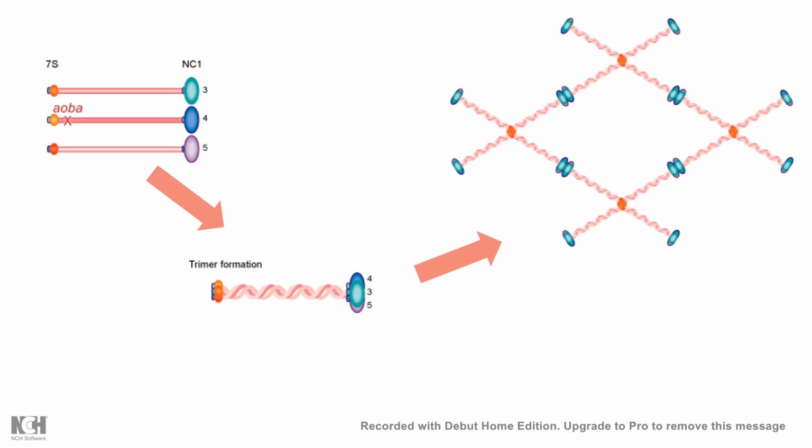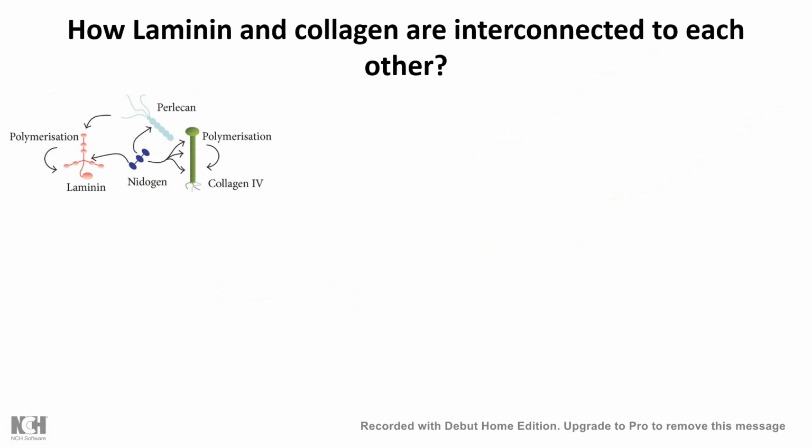Now, we talked about collagen meshwork and a laminin lattice, but the question is, who is connecting laminin and collagen together? How are these two meshworks connected? It turns out there are several cementing molecules which work like cement, like perlecan and nidogen, which connect these two meshworks.